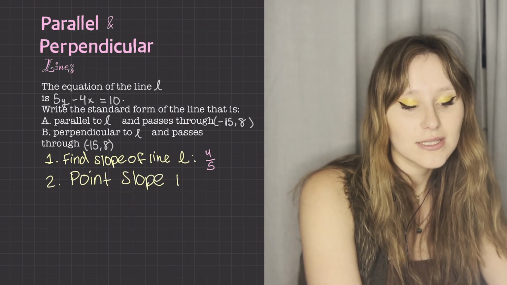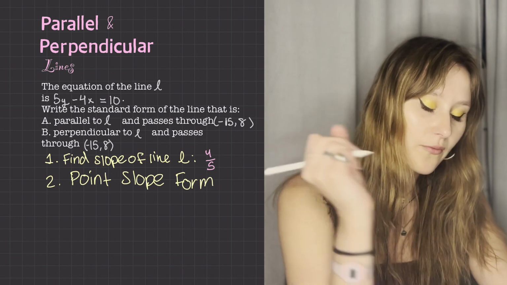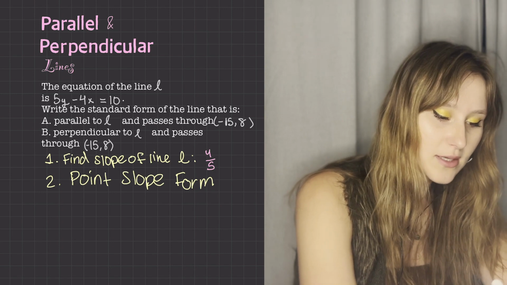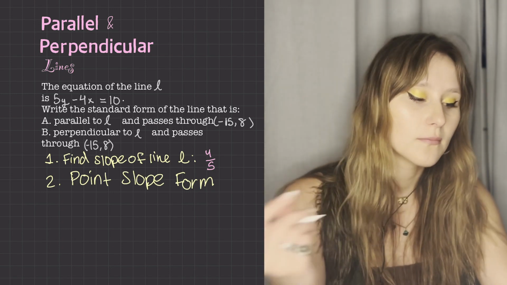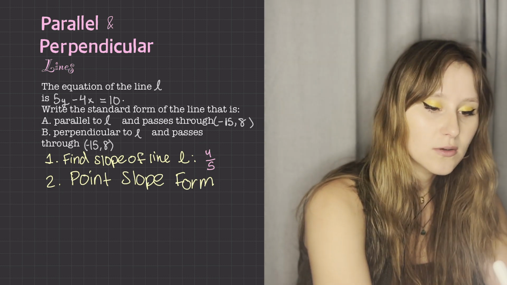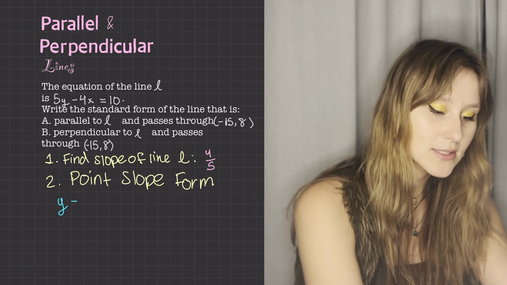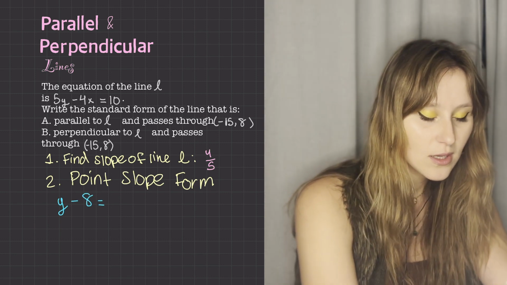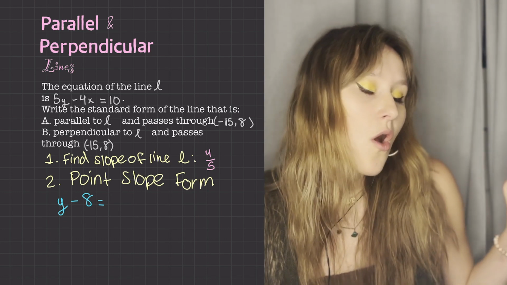Step 2, let's answer A and write out our answer in point slope form. So in both of these, by the way, this minus 15, 8 is going to be x1, y1. Okay, so y minus 8, which is y1, equals the slope of the line L. Why?